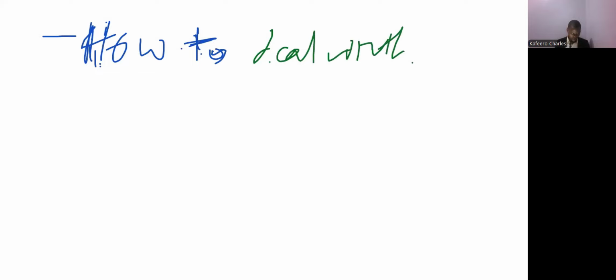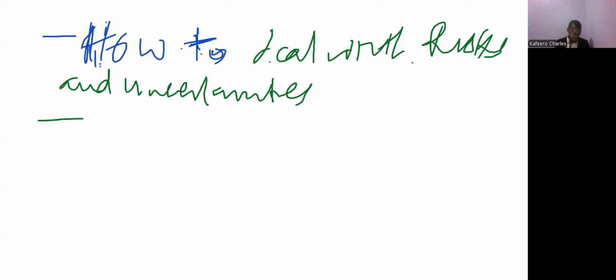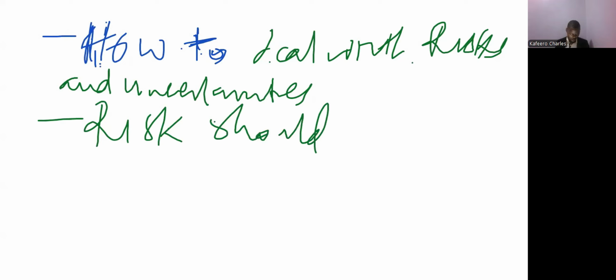So how to deal with risks and uncertainties. We shall also look at the fact that risks are supposed to be shared, and we shall see shared among which people.